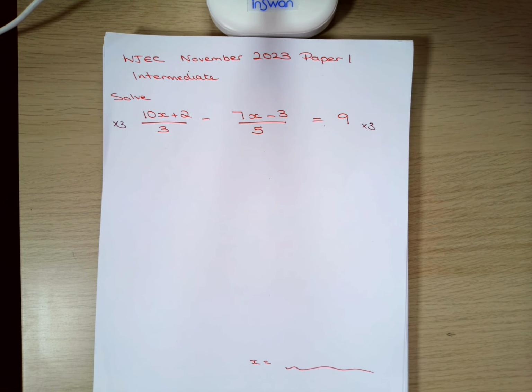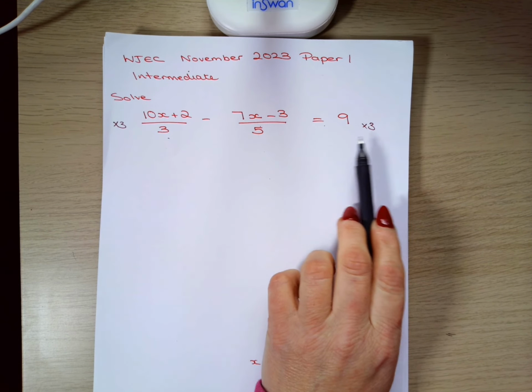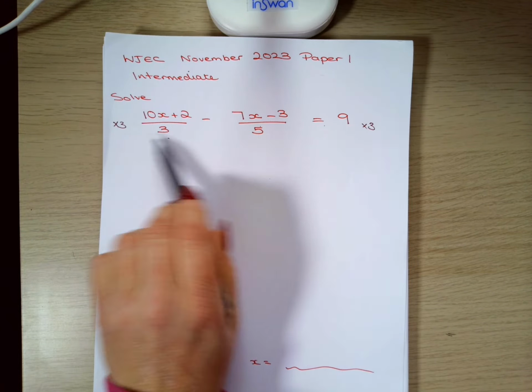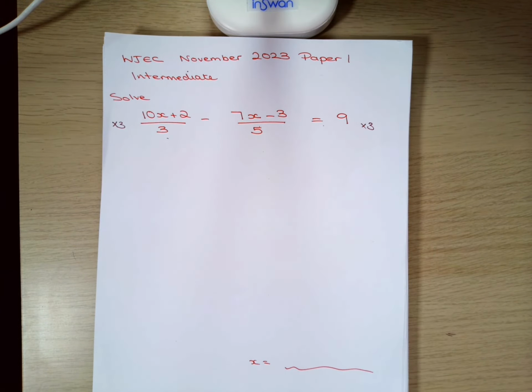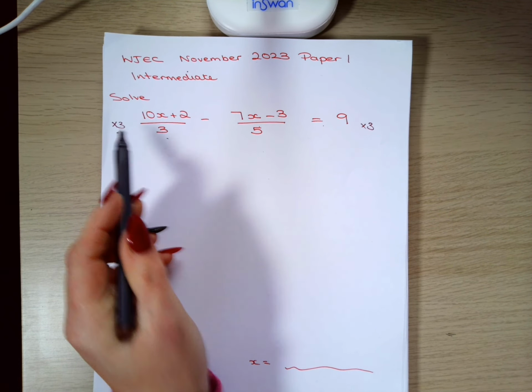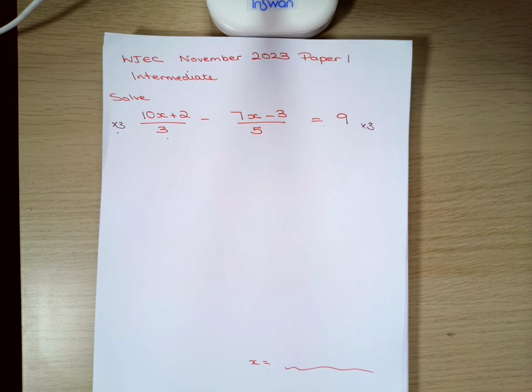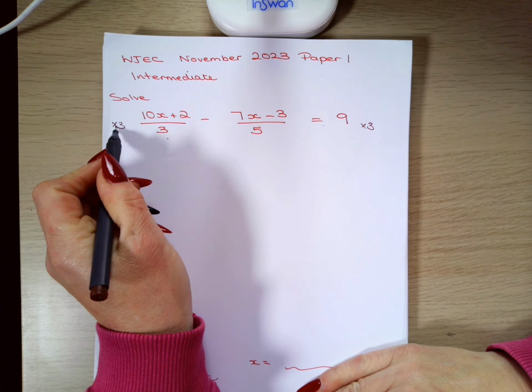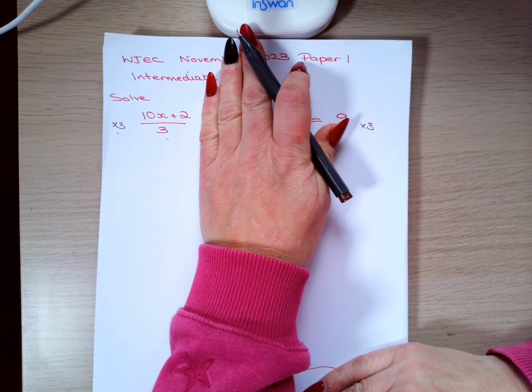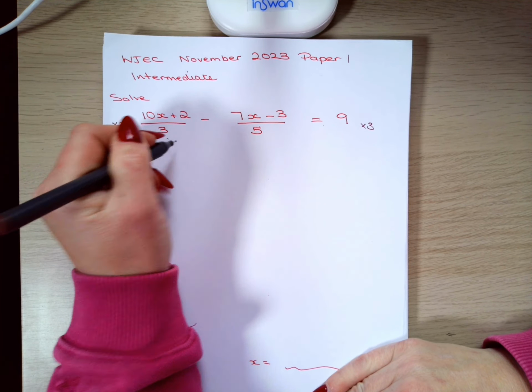The power of the equal sign means that the whole of that left side is the same as 9. So whatever we do to that, we've got to do to the 9 to keep that balance.